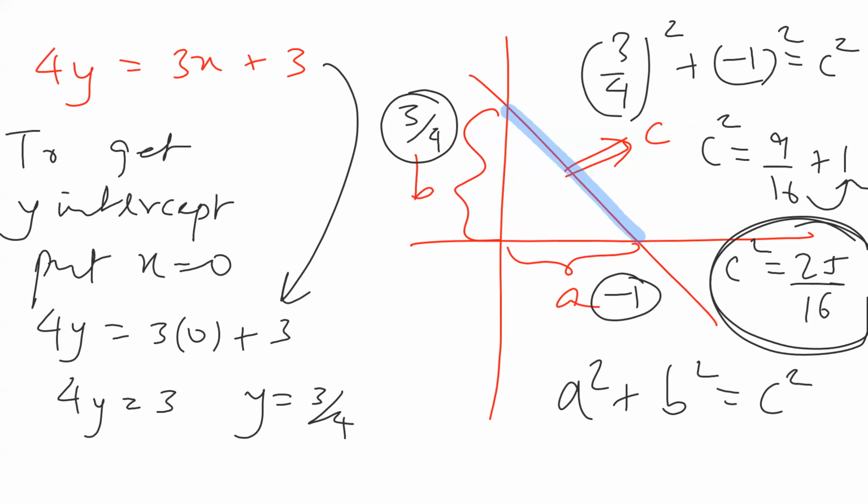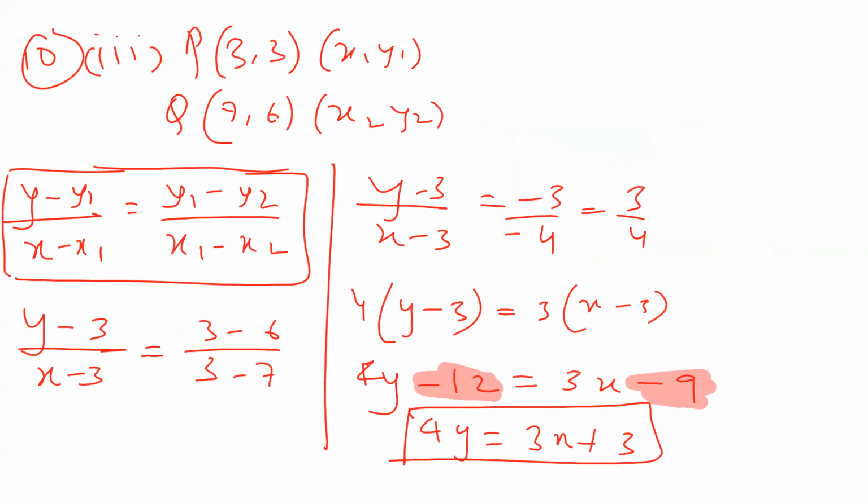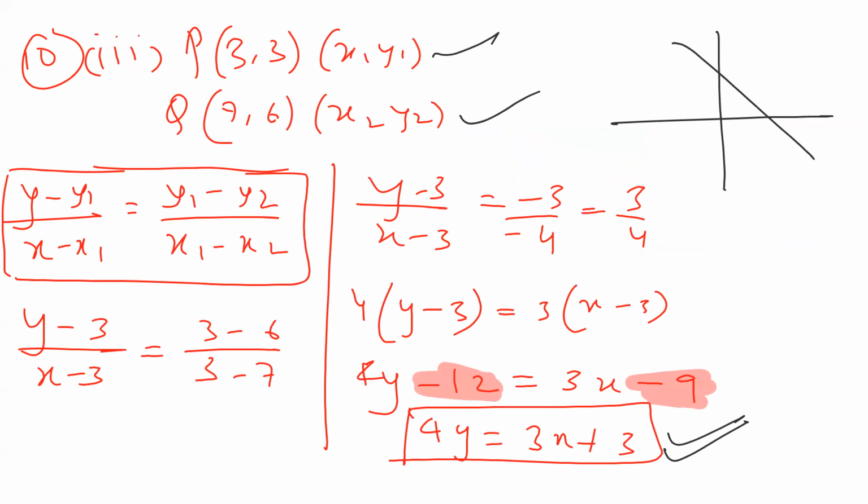Once we get the equation of the line using the two-point form, we were supposed to do something more. The line is, for example, like this. We'll get the x-intercept and the y-intercept.